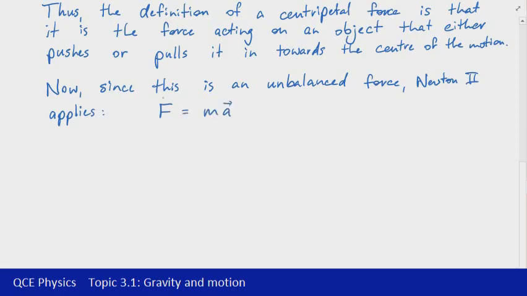Now, force and acceleration here being vectors, we can identify also that the centripetal force is going to be equal to mass times centripetal acceleration. So Fc is the centripetal force, m is the mass, ac is the centripetal acceleration.